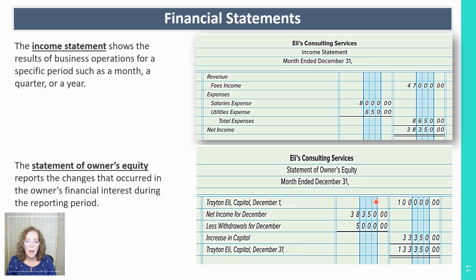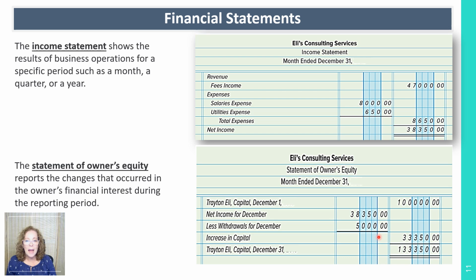The income or profits belong to the owners of the business, and we list that on the next line, but subtract any money that the owner took out of the business as drawings. We tally up the net income minus the drawings and write that amount of $33,350 as increase in capital on the next line.